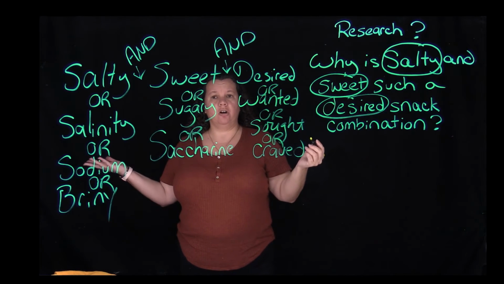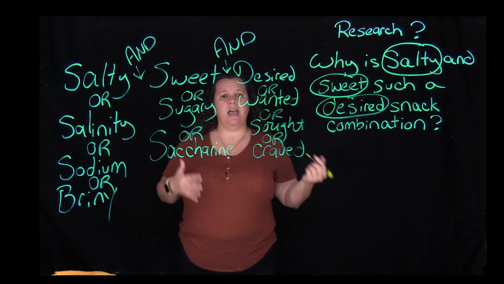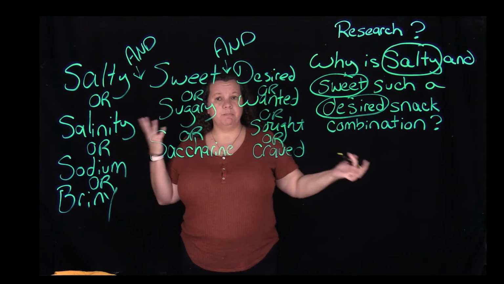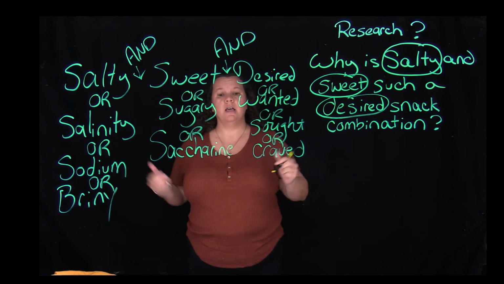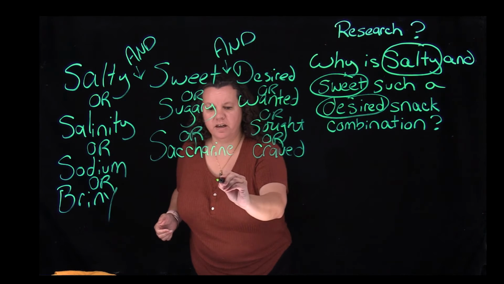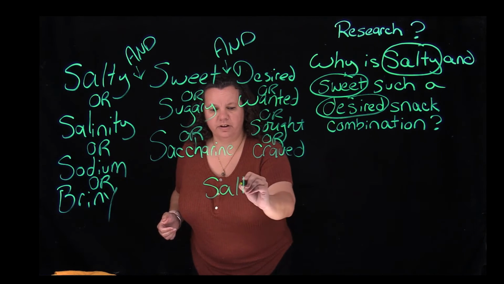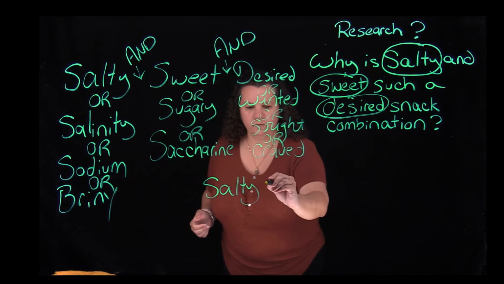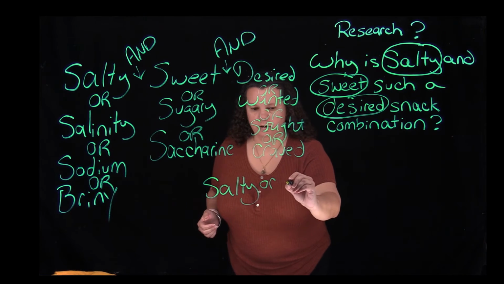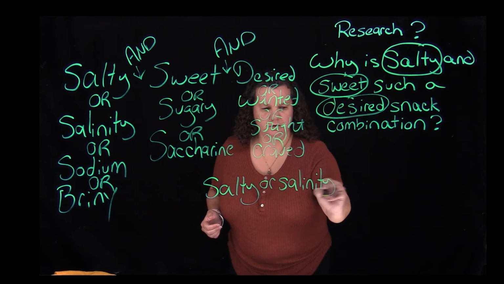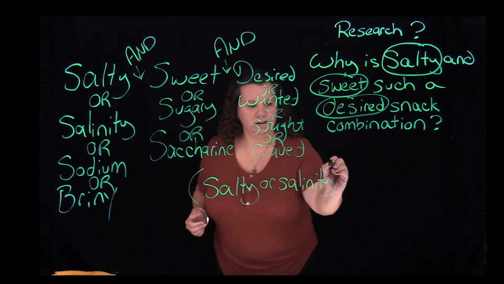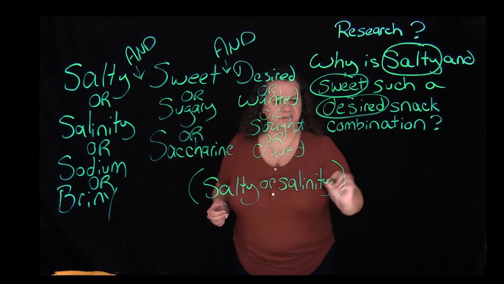Now that we've finished our columns and have our terms and possible synonyms, we simply put those together in different combinations to create our search query. So it might look something like this: salty or salinity. Remember to put anything that you put together with ors in parentheses.